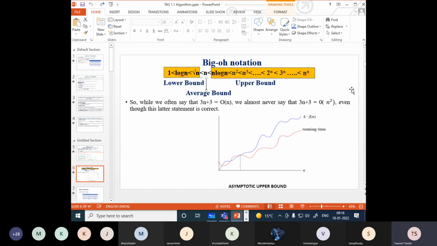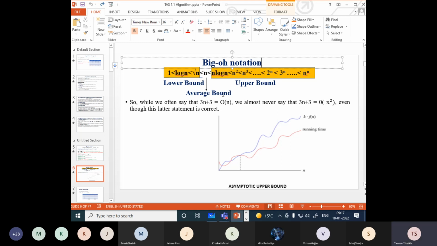Here in this example we have a linear function. If we had, for example, log n as the time complexity, all the terms on the right hand side of log n would become upper bounds for log n, and all the terms lesser than log n would become lower bounds.